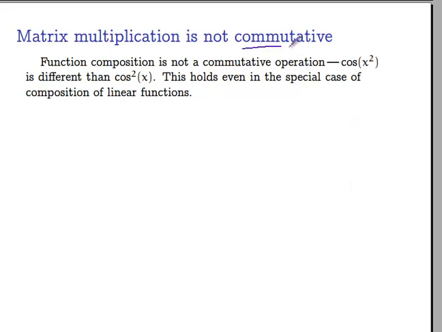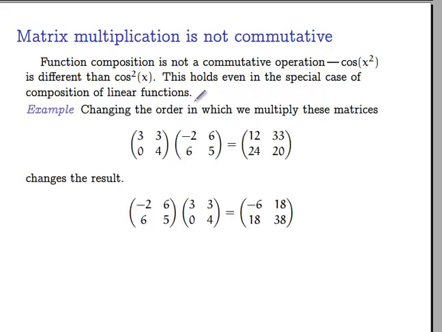Matrix multiplication is not commutative. This should not be surprising because function composition is not commutative. For instance, if I take the squared function and the cosine function, if I square first then take the cosine, that's quite different from taking the cosine first and then squaring. And this holds even in the special case of composition of linear functions. And we see that in matrix multiplication.